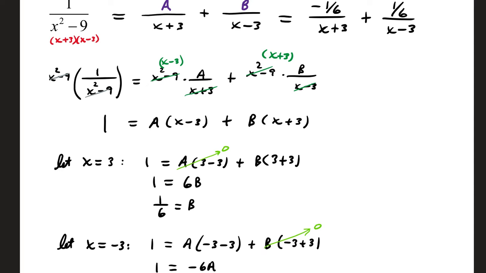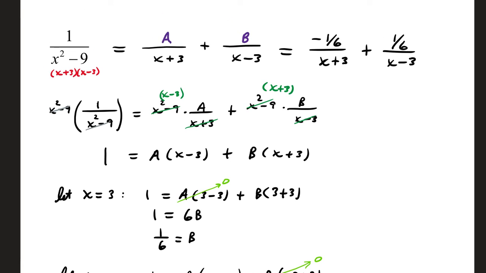Divide both sides by negative 6. And we have a equals negative 1/6, which is the numerator of the first fraction. Now we have both numerators figured out, so this original fraction can be decomposed into these two simpler fractions.